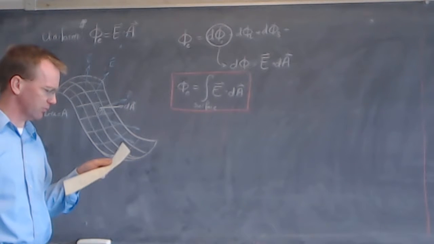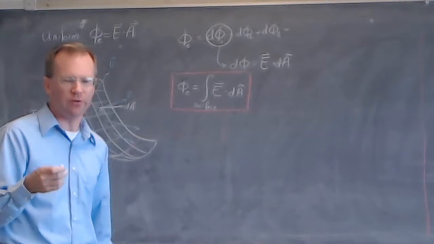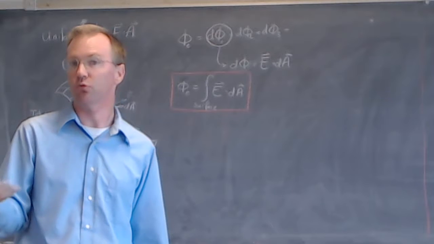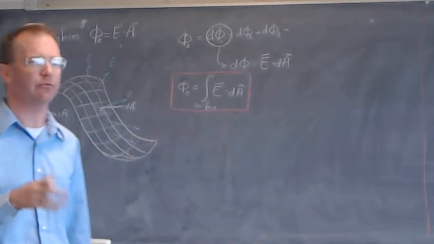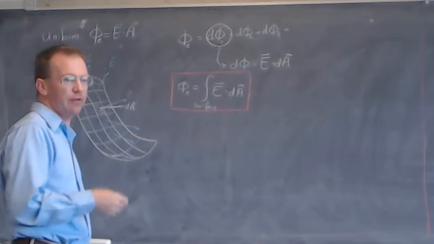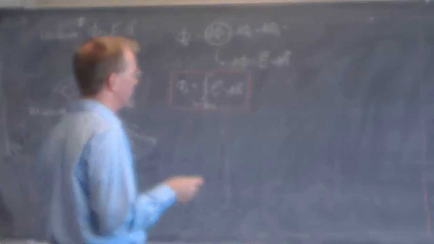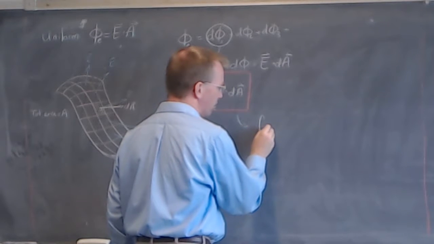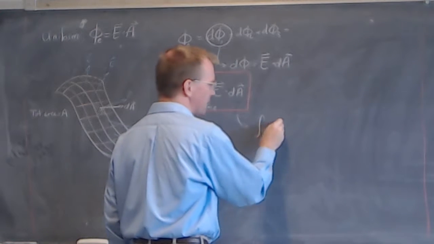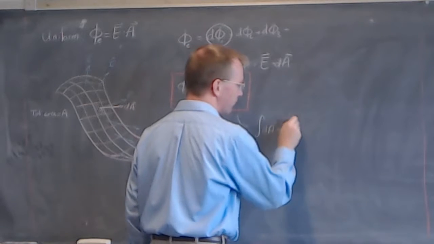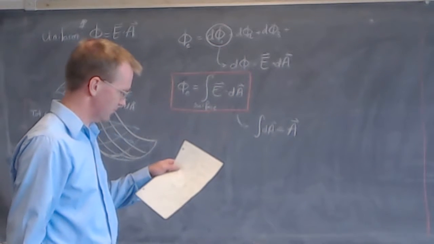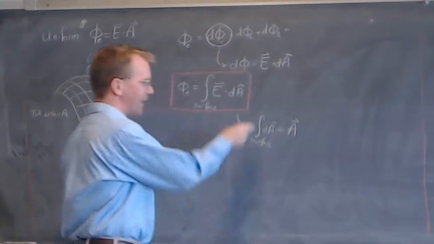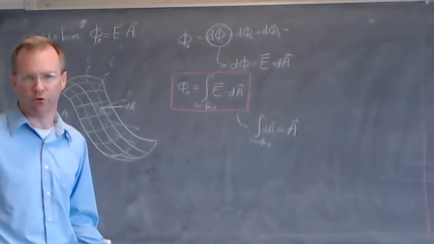What is a surface integral? Well, a surface integral is, in principle, a three-dimensional integral. You've handled one-dimensional integrals. Maybe you've had a case with a two-dimensional integral before. Let me make a note here that the integral of dA itself is A. You add up all the little pieces of the surface, you get the total surface area.